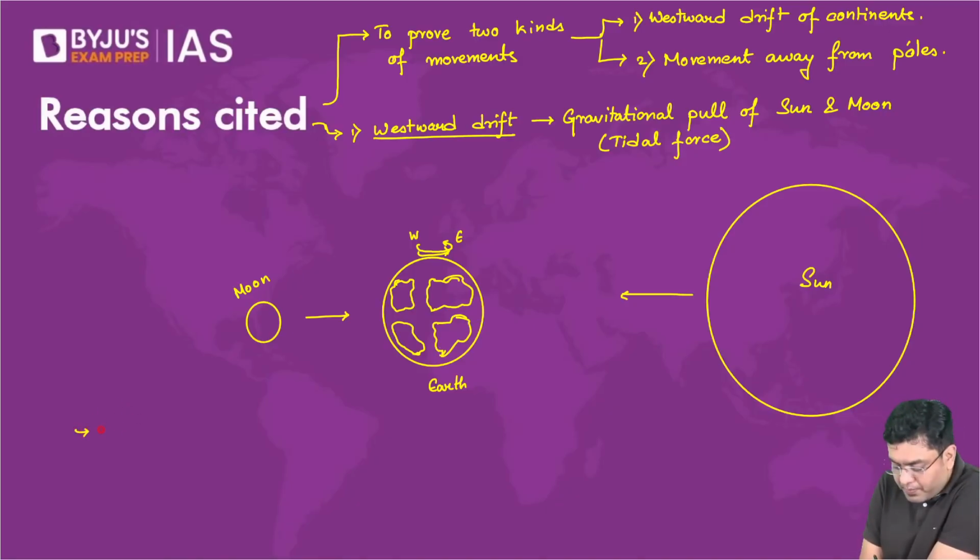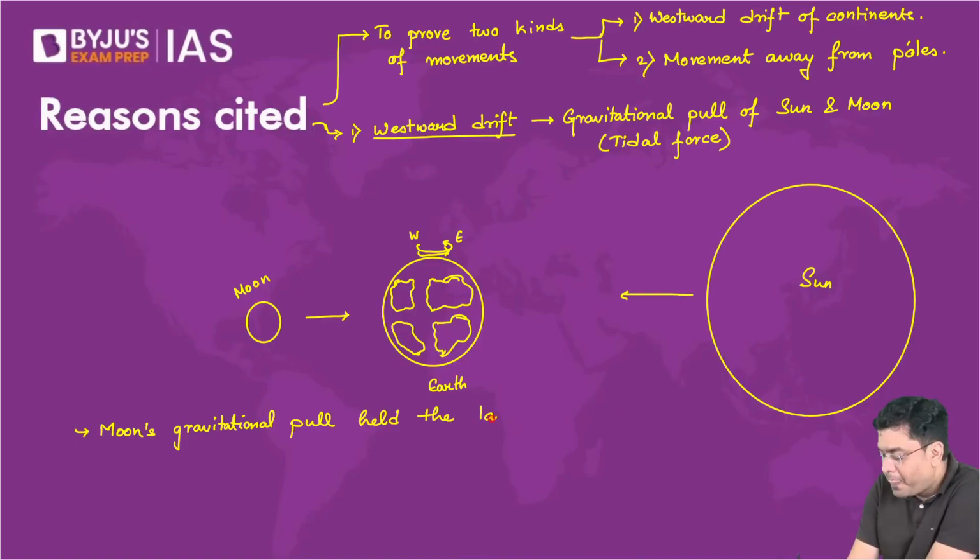That the moon's gravitational pull held the land masses in their place as the planet would rotate.